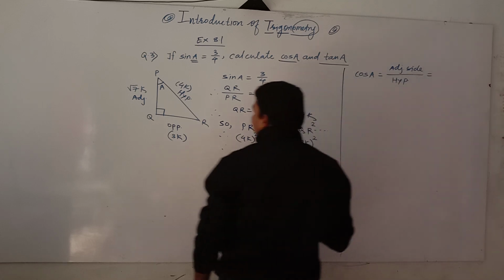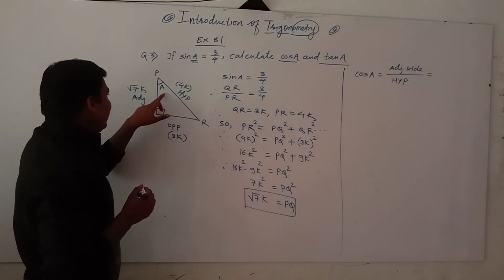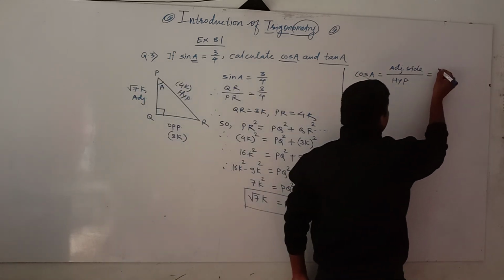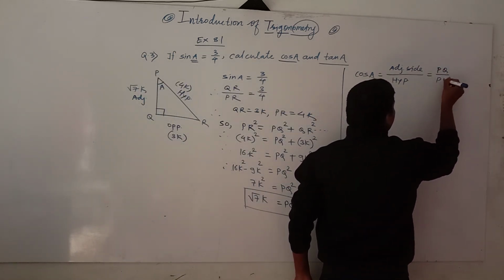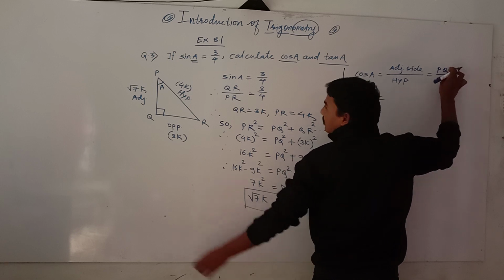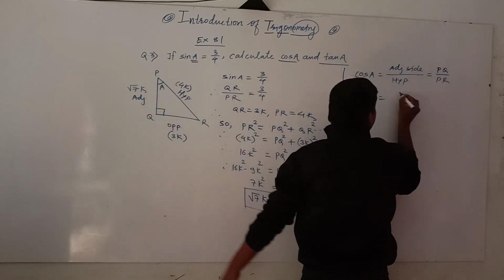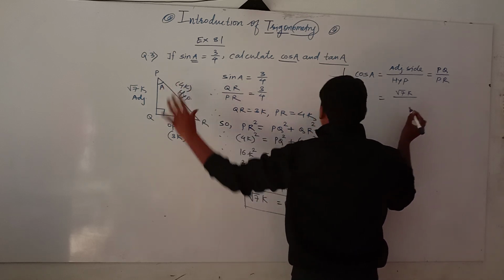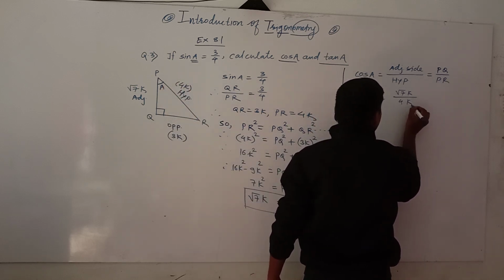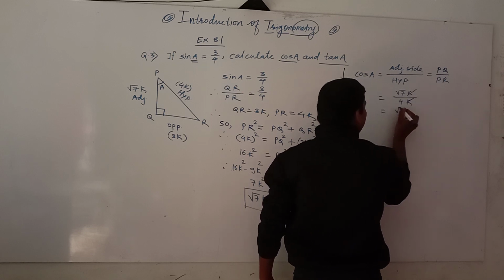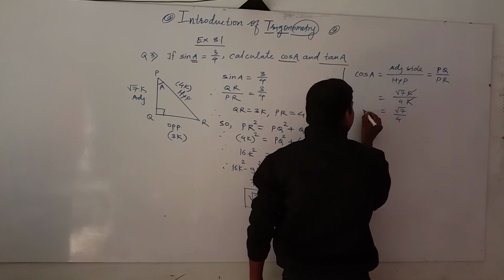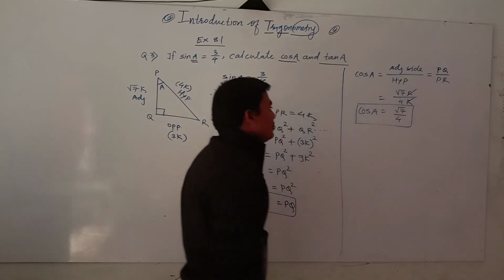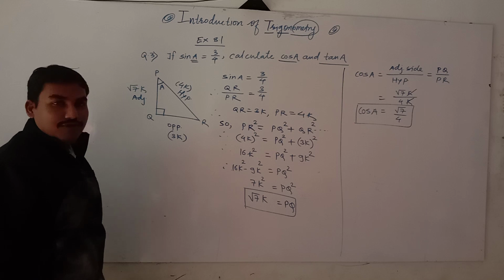So the adjacent side is PQ and the hypotenuse is PR, PQ upon PR. PQ is under root 7k and PR is 4k, so k gets cancelled, under root 7 by 4. So the value of cos A is under root 7 upon 4.